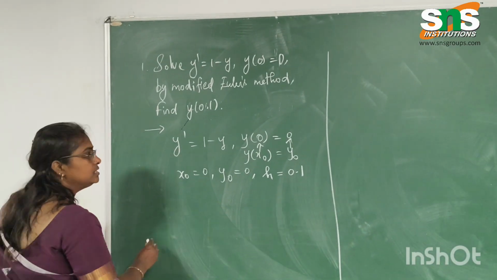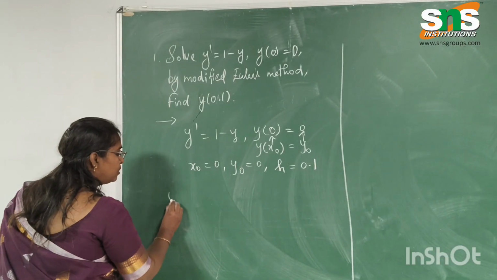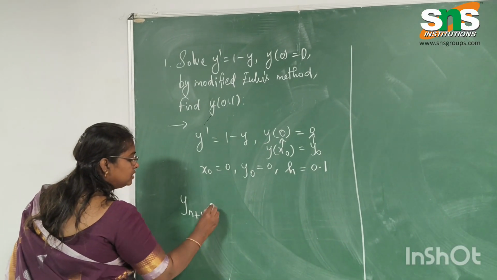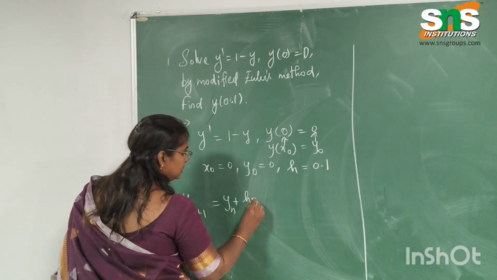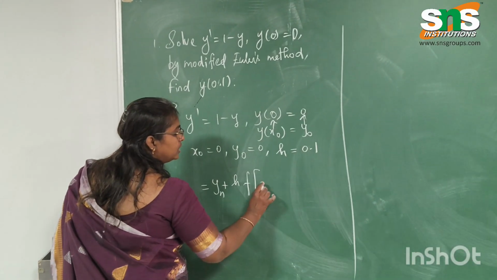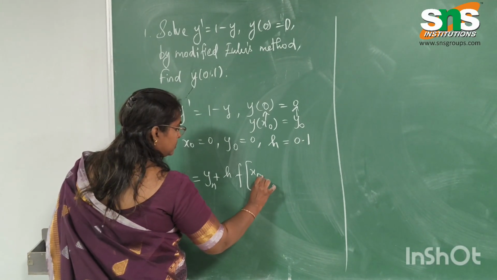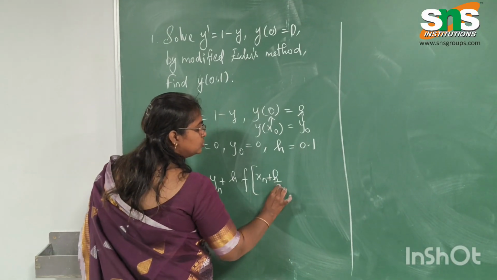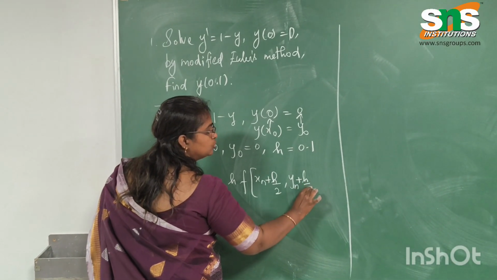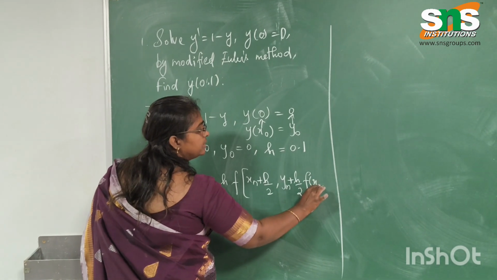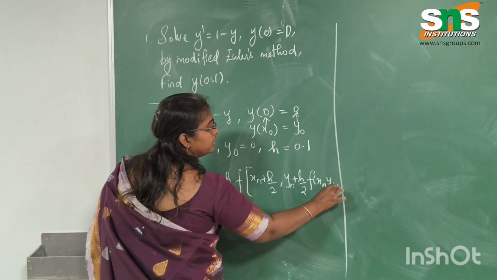Next we go for the formula. Our formula is y n plus 1 equal to y n plus h into function of x n plus h by 2 comma y n plus h by 2 into function of x n comma y n.